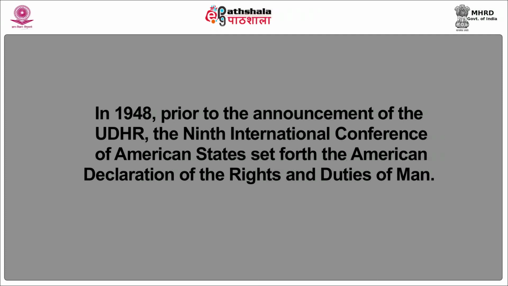In 1948, prior to the announcement of the UDHR, the 9th International Conference of American States set forth the American Declaration of the Rights and Duties of Man. Like the UDHR, the American Declaration was originally not a legally enforceable instrument.